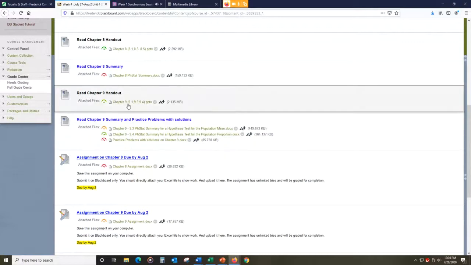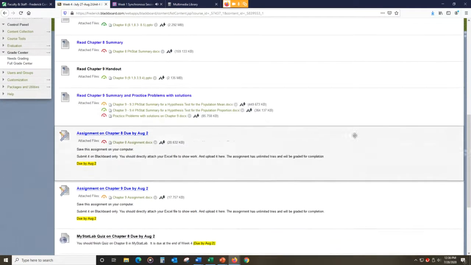Now here in this, you will see chapter 9 handout, which is a PowerPoint slide. So handouts are in detail for you to understand the concept, and it does include the steps as well of the PHStat with the examples included. But then I have added the summary document files as well for each section of chapter 9 which we are covering.